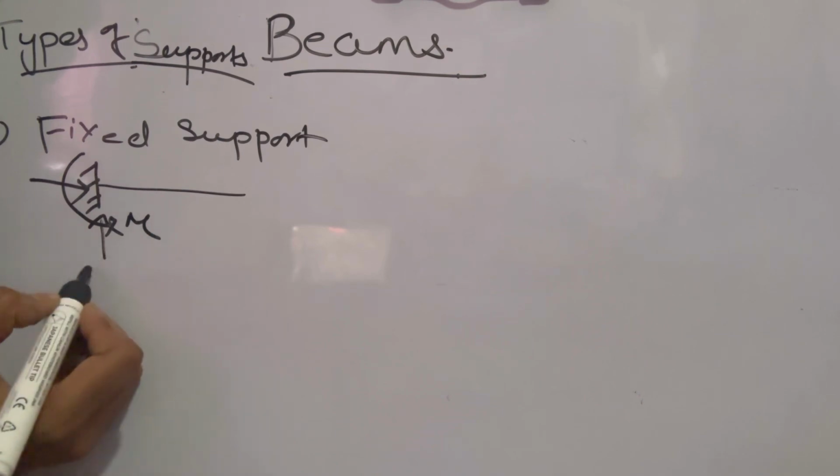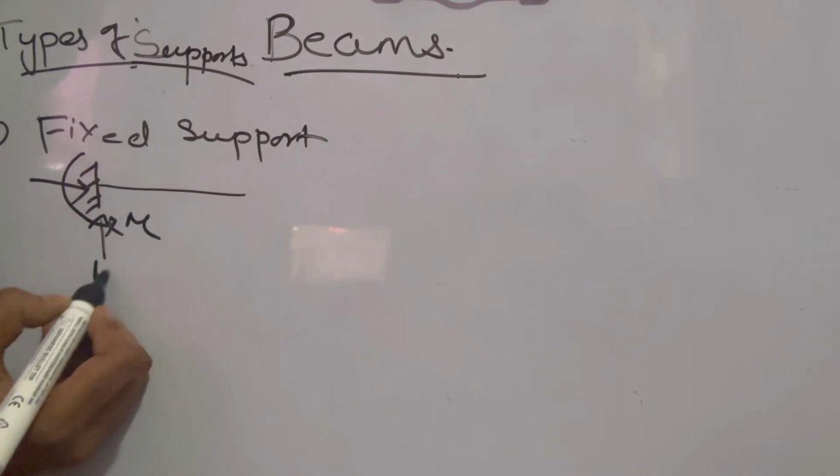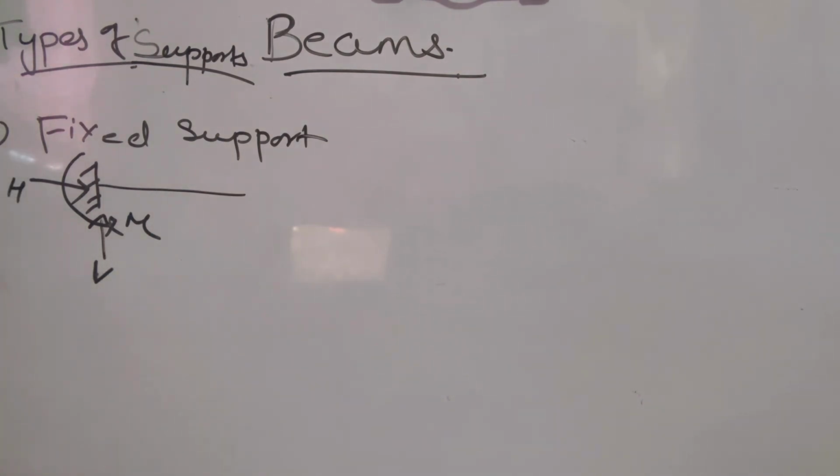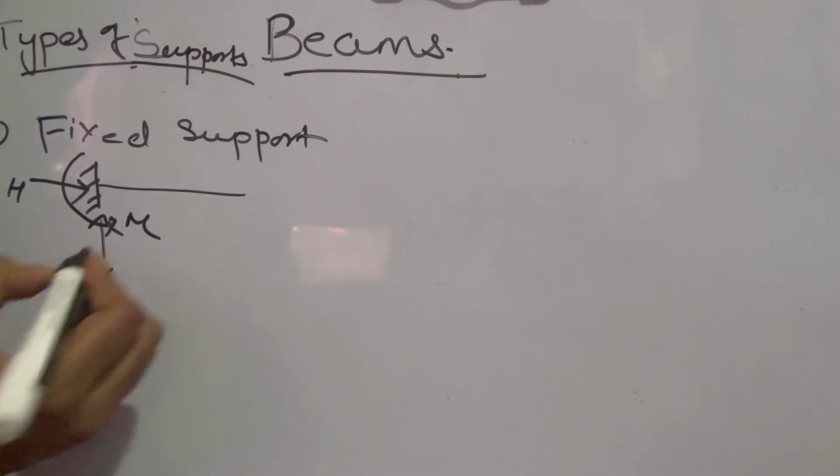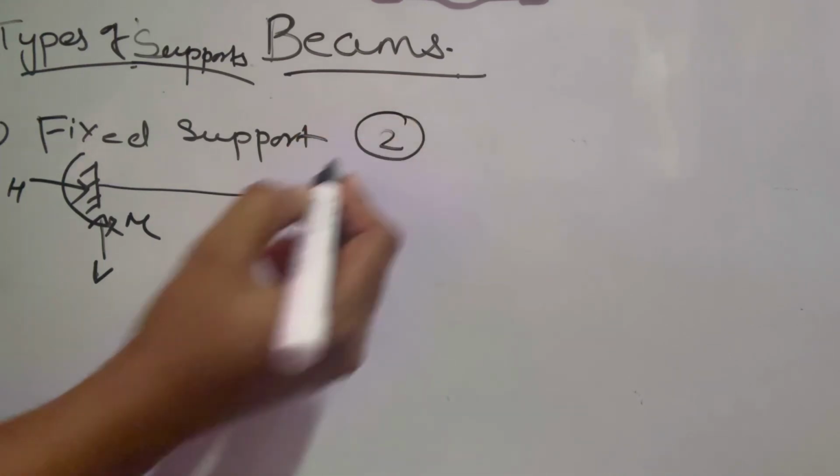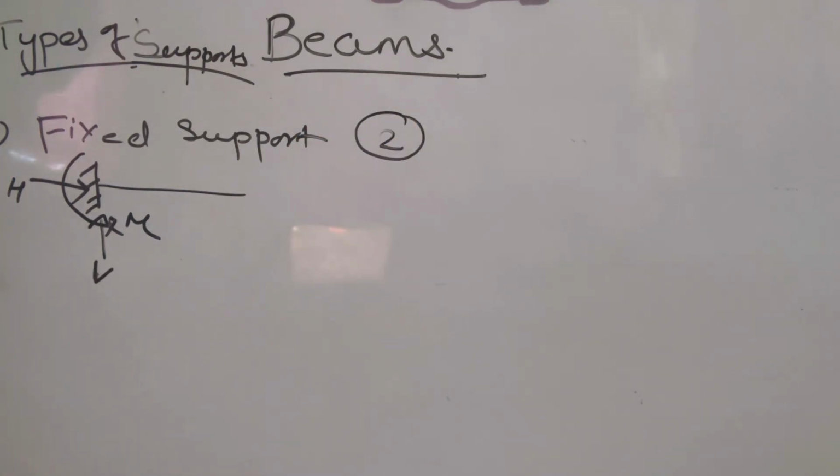It is fixed, so there will not be any movement. So this is a fixed support. You have to keep in mind that a fixed support has three reactions. The second one is a roller support.